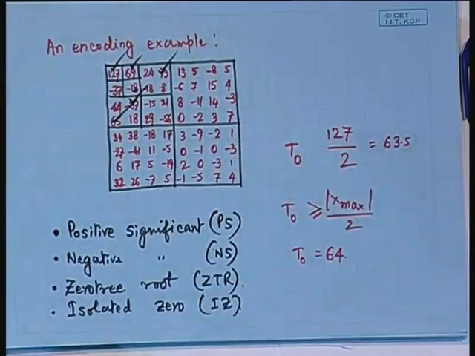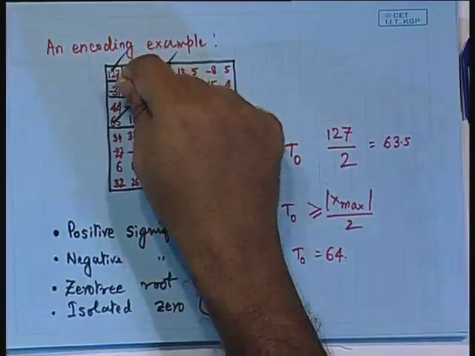Very luckily, yes, you will be finding lot of such insignificant coefficients, and because of this you will be encountering 0 tree roots. You will be finding that mostly the higher frequency subbands are having more insignificant values, and that is why it should be possible for you to detect more number of insignificant coefficients, leading to more number of 0 tree roots, and more number of 0 tree roots means that it is definitely an efficient encoding scheme, because you are only designating this minus 18 as a 0 tree root.